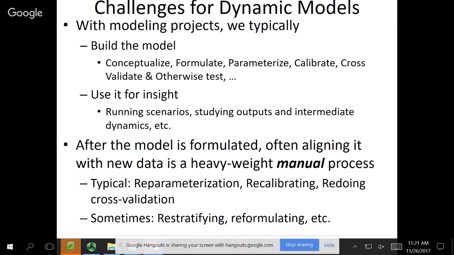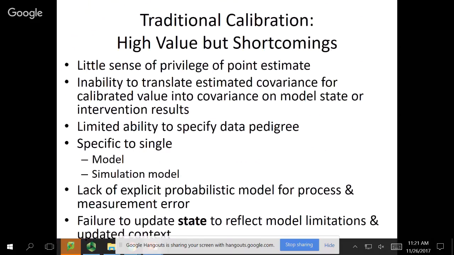We use it for insights of various sorts. And we can go back and take that model at a later time and reparameterize it, recalibrate it, and so on. But it's a fairly heavyweight process. It takes quite a bit of manual time to update the model with new data, to update it with new evidence, to incorporate an understanding of what's going on.